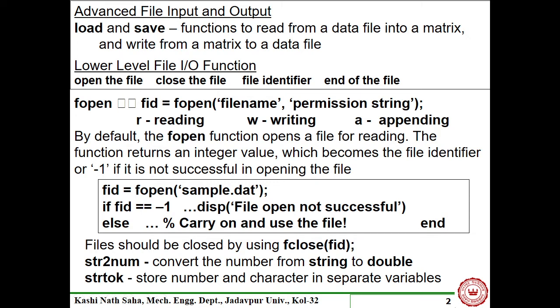To open the file, we use this command fopen. It creates the file whose name is given there as the argument, or otherwise, if the file is already there in the working directory, it will open that file.